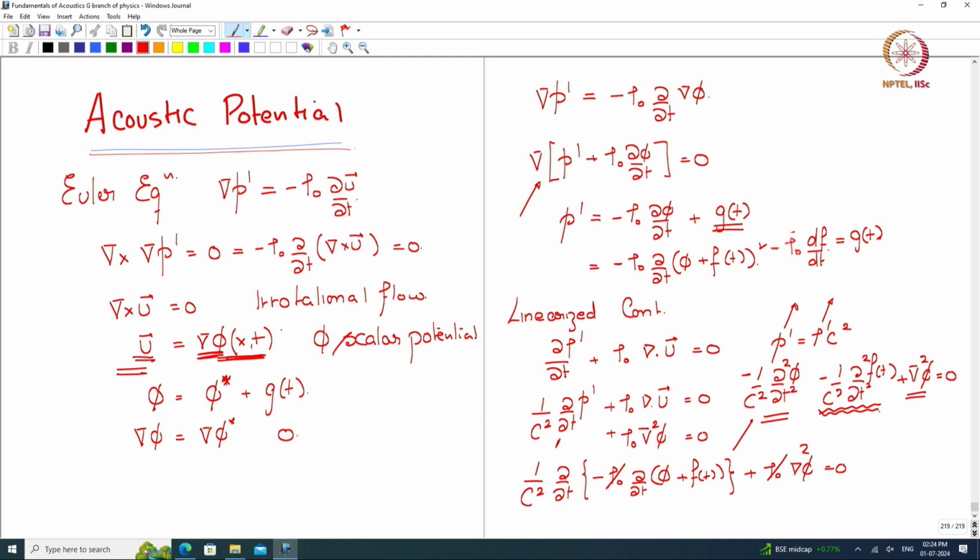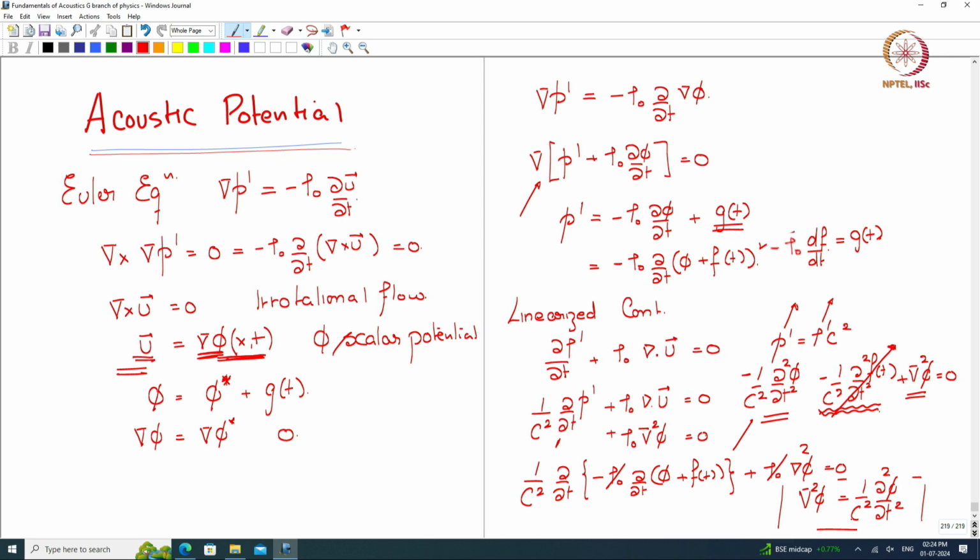So amongst all of those, we are going to choose one where this component is 0. Once that is chosen, I have del square phi is equal to 1 over c square del 2 phi by del t square. It satisfies the wave equation.